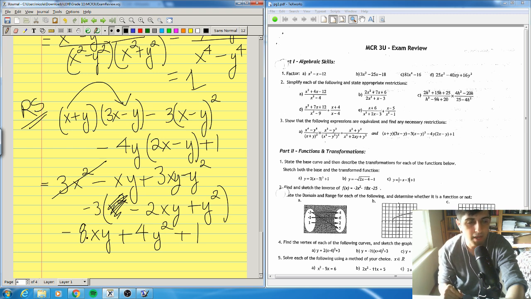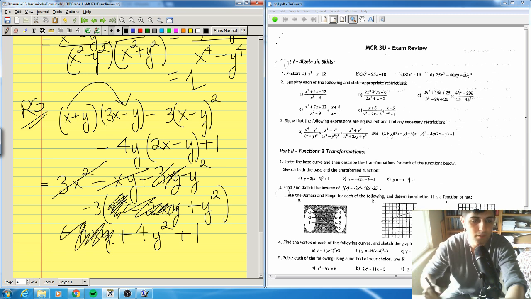and minus 8xy, that's negative 2xy, minus xy, that's negative 3xy, plus 3xy gives me nothing, right? Gives me 0. So this guy cancels with that guy, which cancels with this guy, and that cancels with this. Double check that. And then I've got negative y squared minus 3 times y squared.